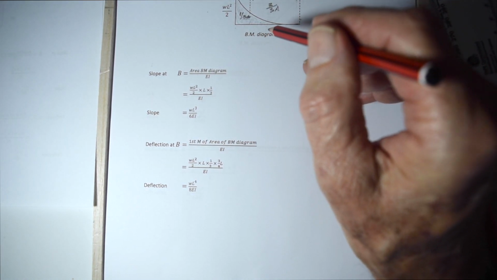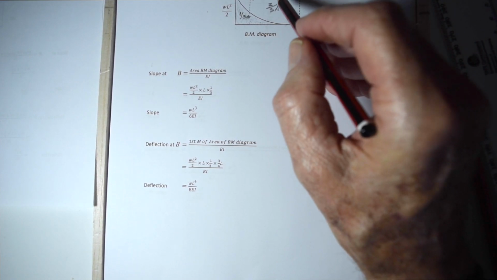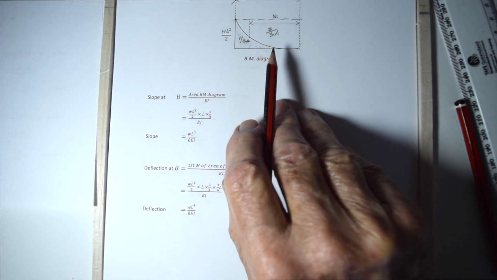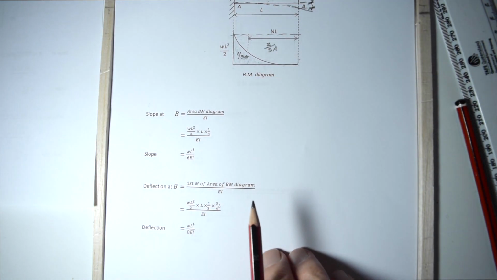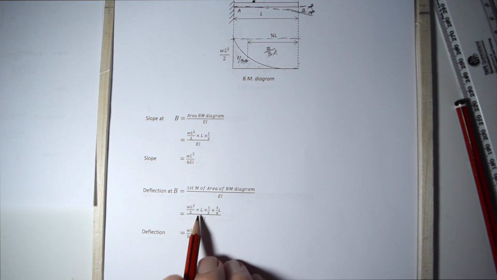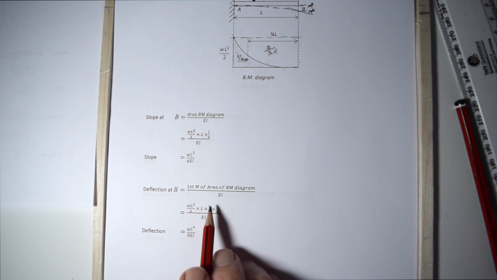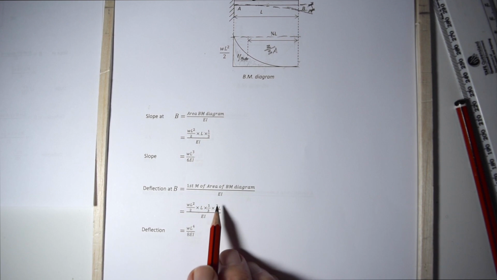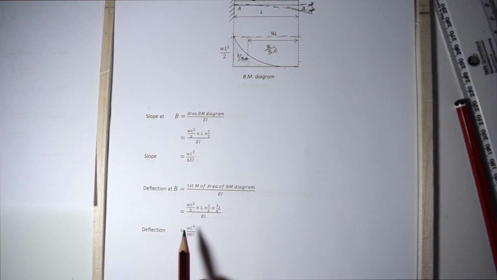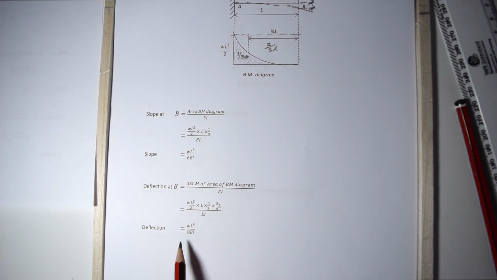You'd find that in tables, but the actual fact is that it is 3/4 of L. And that's why we have WL squared over 2, this arithmetic there, which gives us the deflection. And when you sum all that up, you end up with a deflection of WL to the 4th over 8EI.